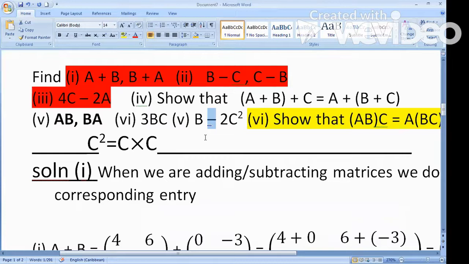Okay. Let me repeat. You're going to find C squared. C squared is matrix C times C. Put 2 in front of your answer and multiply everything by 2. Then you put B in front of that, subtract it, and you get your answer.